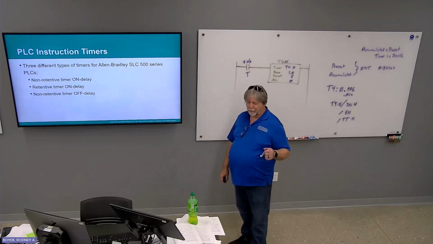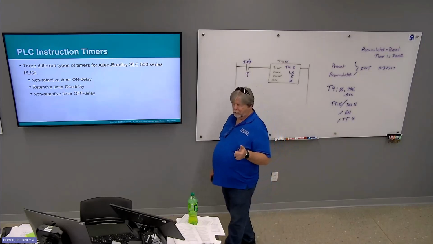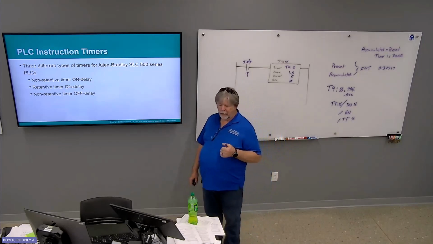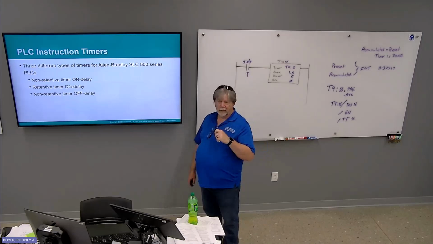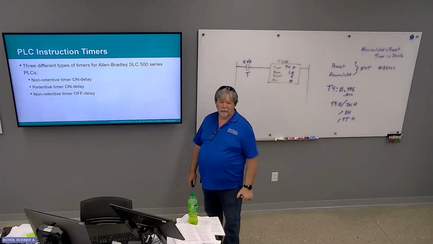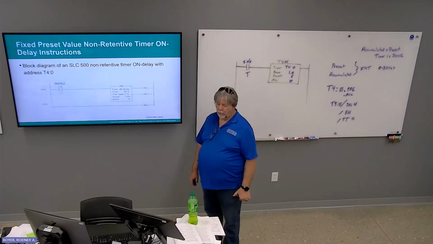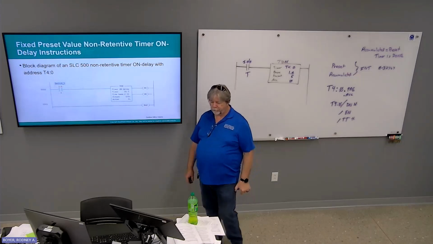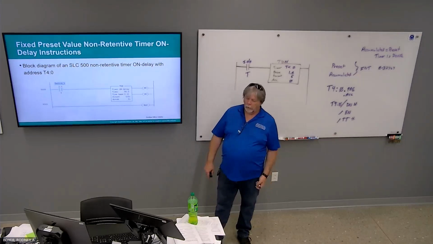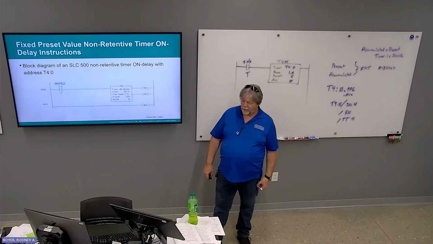There are different types: non-retentive on delay, retentive on delay, and non-retentive off delay. There's no such thing as a retentive off delay. Okay. Fixed preset value. T40, time base 0.01, preset 500.